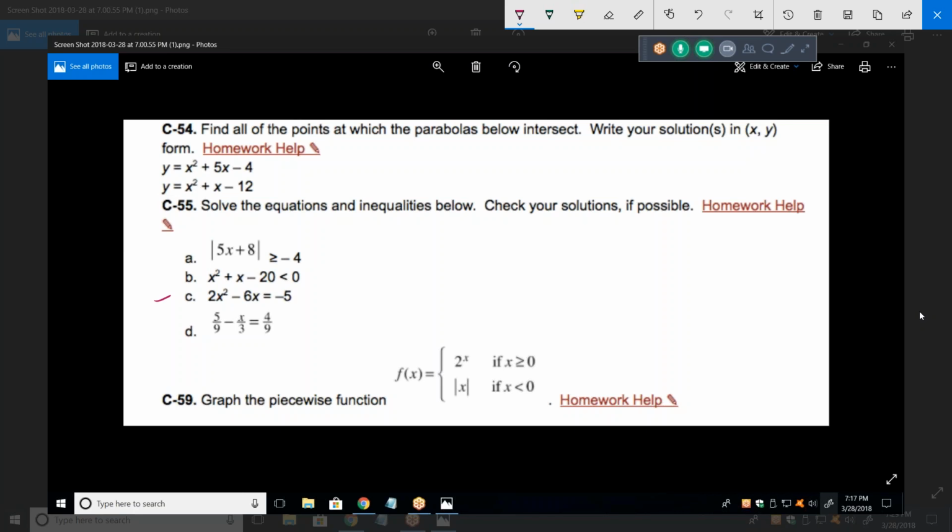It's a quadratic because there's an x squared, there's an x, and there's a number. Now, the fact of the matter is that it's a quadratic whenever you have an x squared. But when you have an x squared and you have an x and you have a number, the first step is to put it all on one side, put the other side 0. So that gives us this.